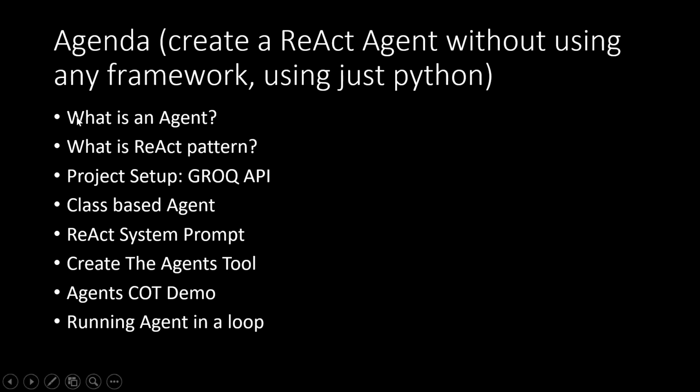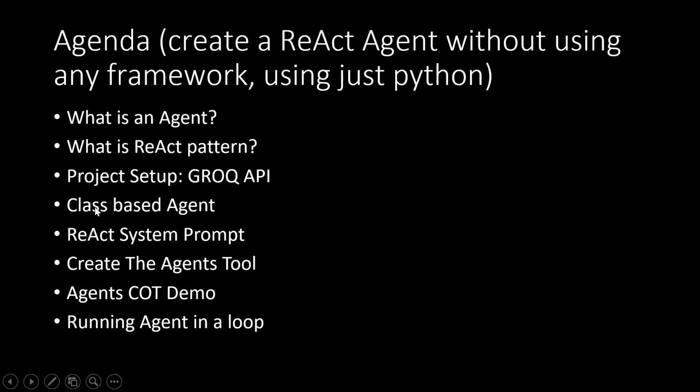So we'll start with the simplest definition of an agent. What is the ReAct pattern? Then we will set up our project using the Groq API. Groq is a platform which hosts open source LLM models, so we will use that platform to use one of the models deployed on it.